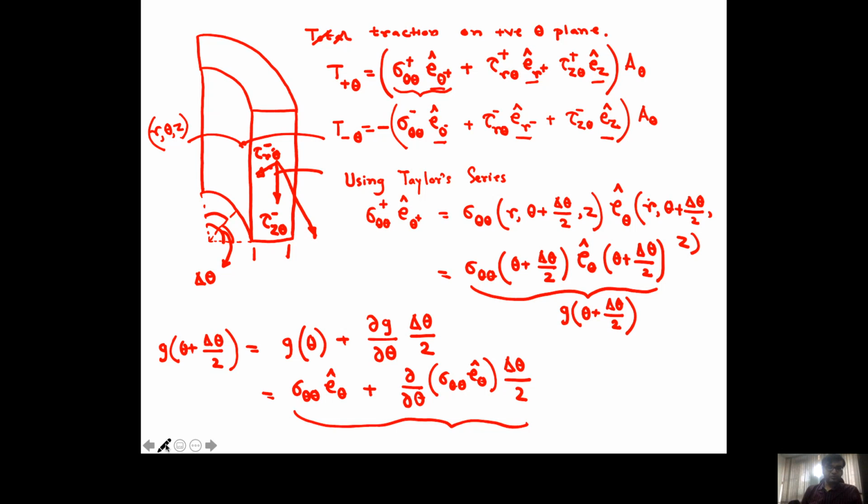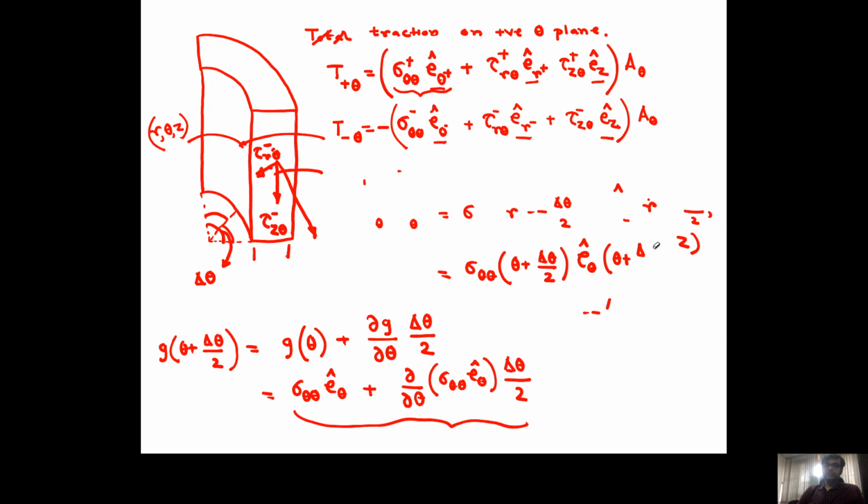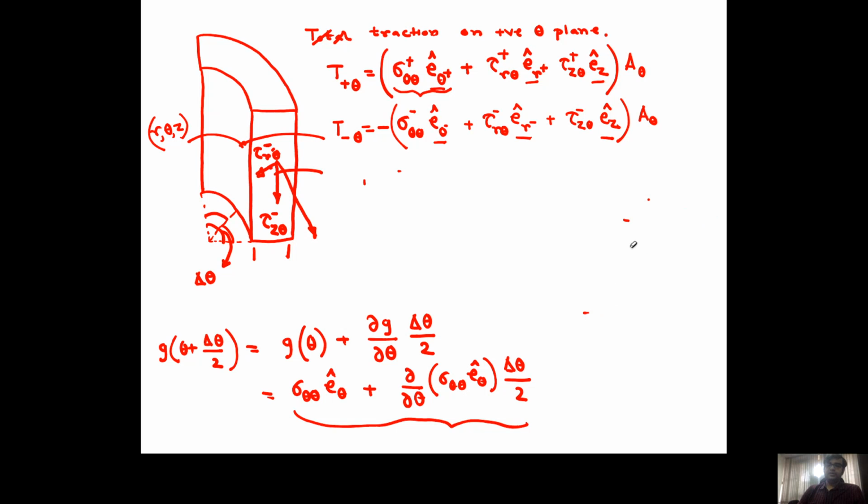So I'm going to erase some portion. The top two equations I need, so I'm keeping them. The bottom equation I will need again, so I am keeping it. The middle portion is not needed at this point. Useless is not the correct word, but anyway, that is why I am removing it.